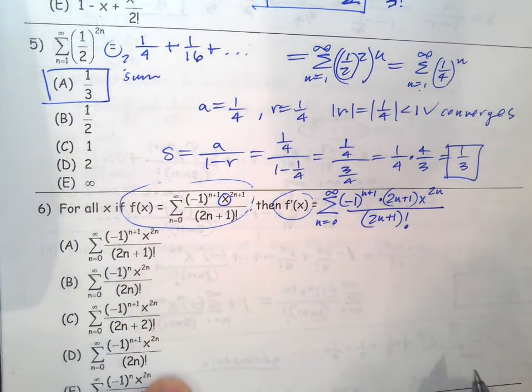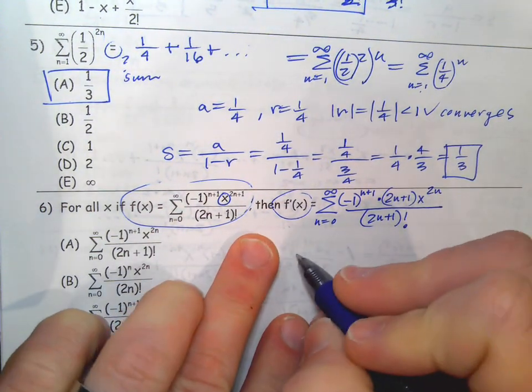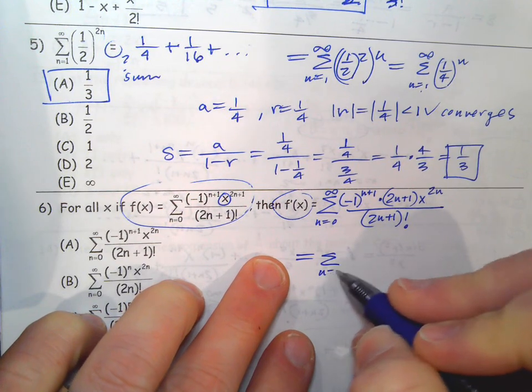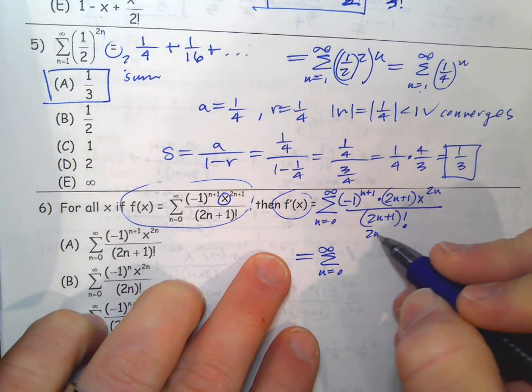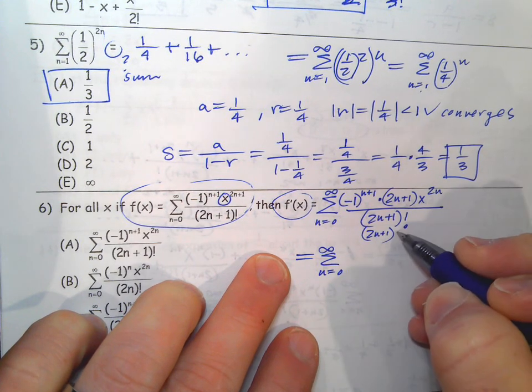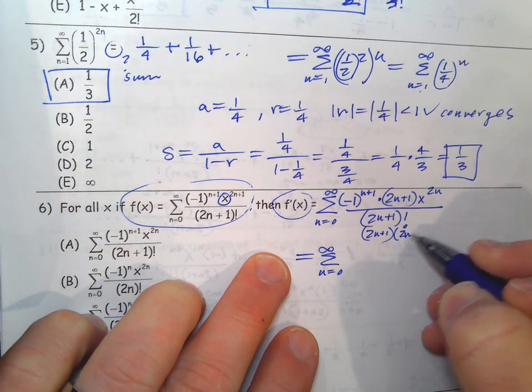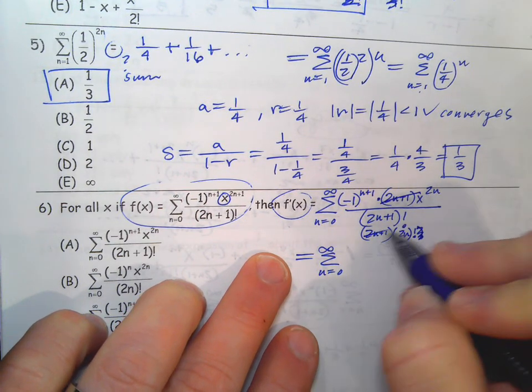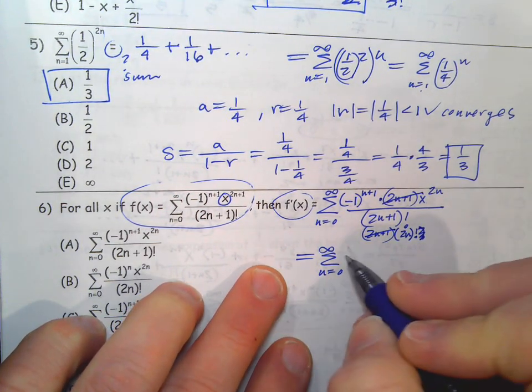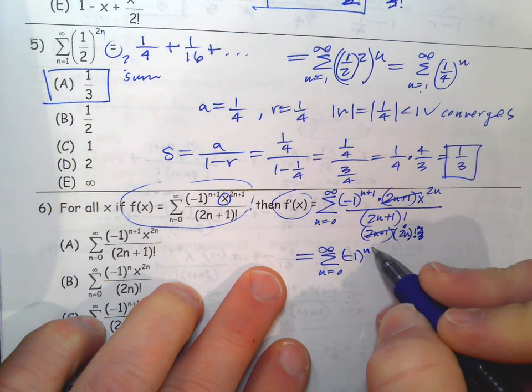So that is it, but we probably want to clean it up. I'm assuming the answers are cleaned up. So check this out. 2n plus 1 factorial is the same thing as 2n plus 1 times the next lower factorial, which should be 2n factorial. And then you can cancel those out. So that might be all we can do here.